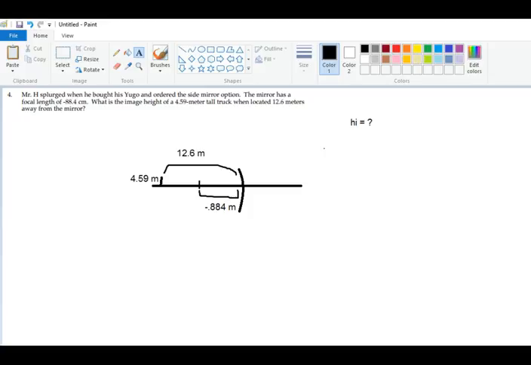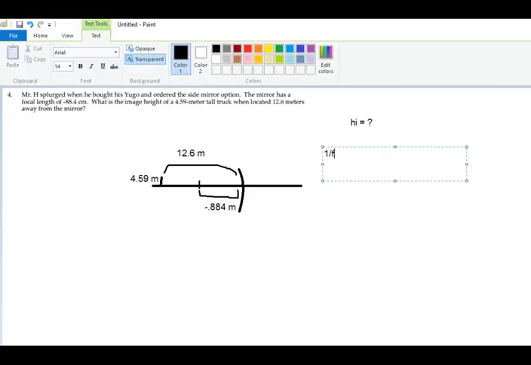Alright, so right off the bat, we can use the mirror equation, which is 1 over f equals 1 over dO plus 1 over di. Now we have the distance between the focal point and the mirror given, which is negative 0.884 meters, equals 1 over the distance between the object and the mirror, which is 12.6 meters, plus what we're trying to solve, the distance between the image and the mirror.